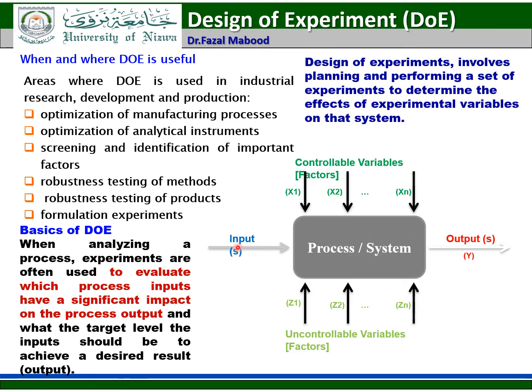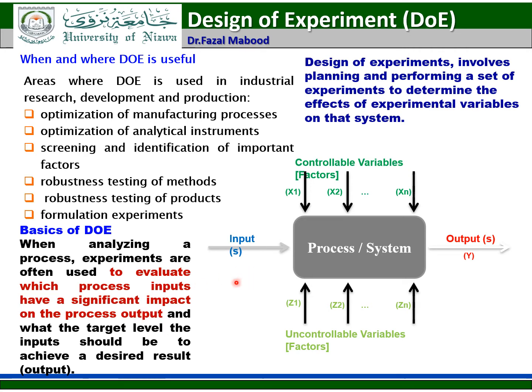Here you see a system, and here you see the input variables, and here you see the output variable, that is the response, and here you see the control variables and uncontrolled variables. When analyzing a process, experiments are often used to evaluate which process inputs have a significant impact on the process output, on the response.